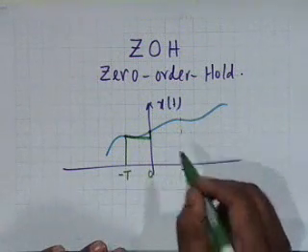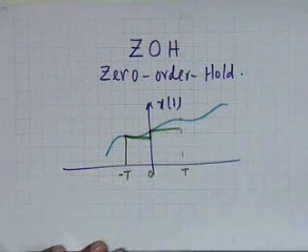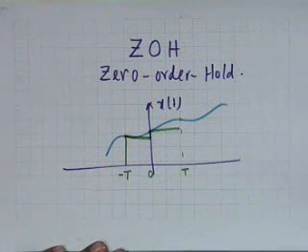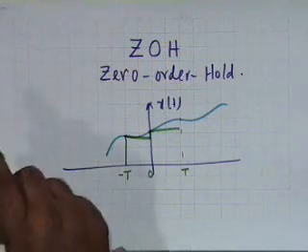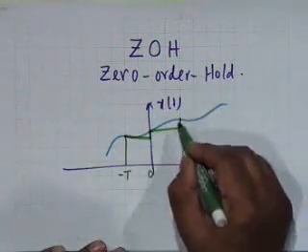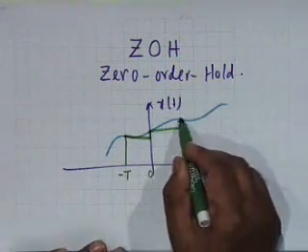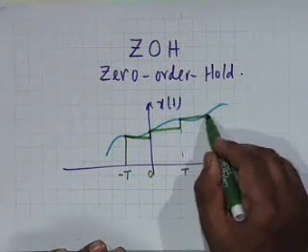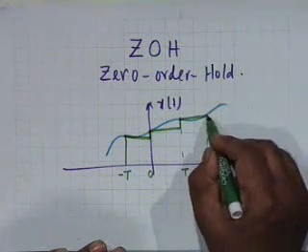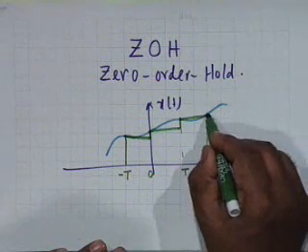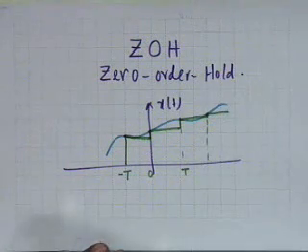Then it remains at this value till the next sampling instant comes, at which the switch is put on again, and therefore the signal goes up to the current value. It remains like this, then it reaches this value, it goes like this, and so on and so forth.